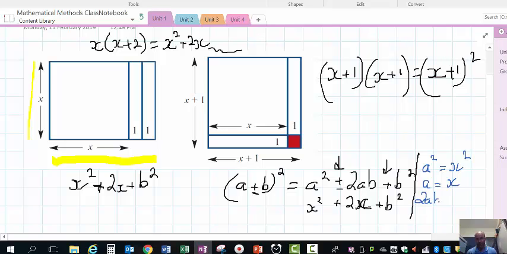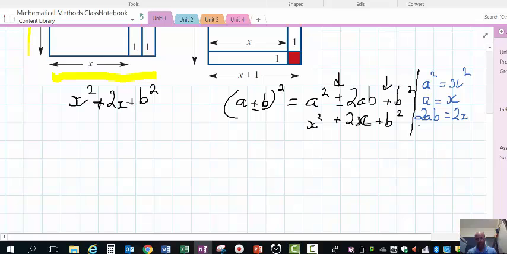2ab would be the same as 2x. Of course 2 is the same as 2, and we said a was the same as x, and we've got 1, still a factor of 1 there, so b would equal 1.